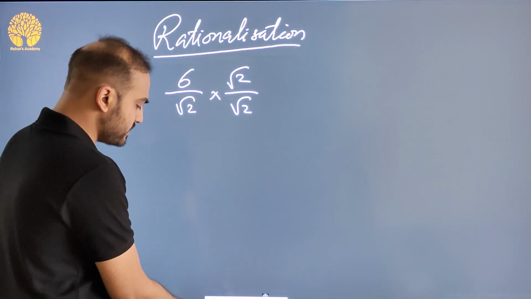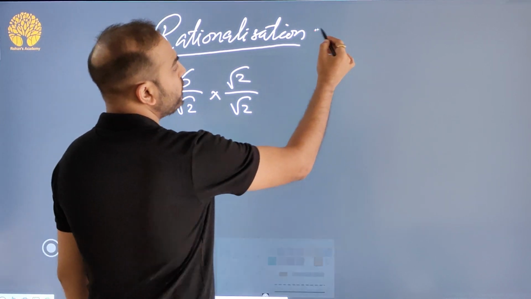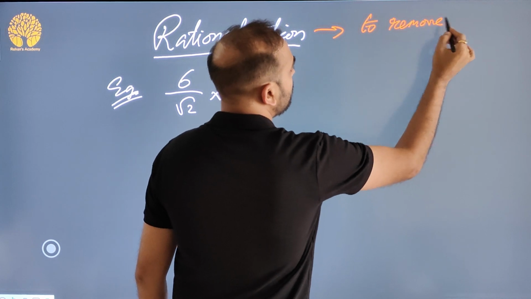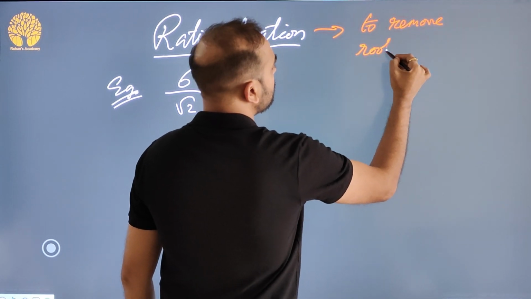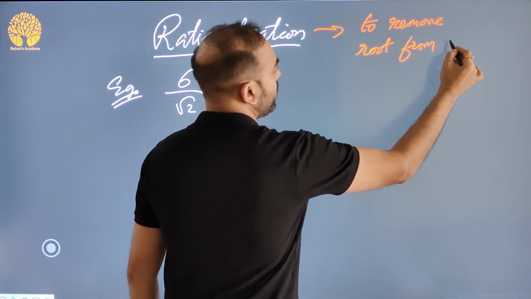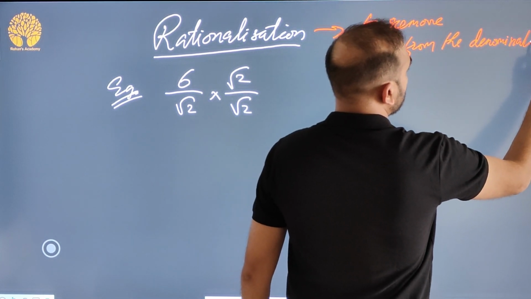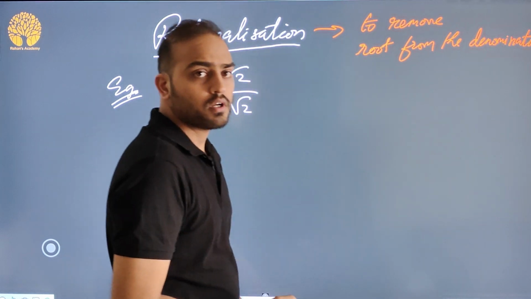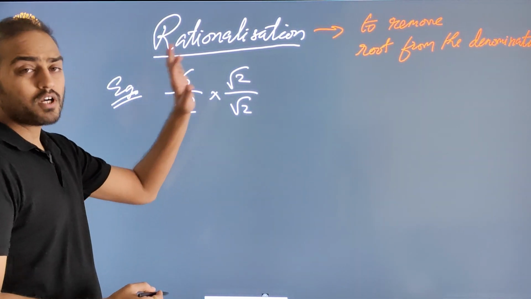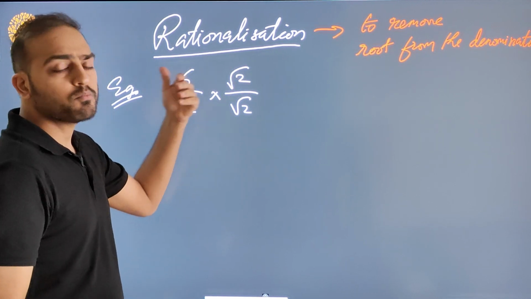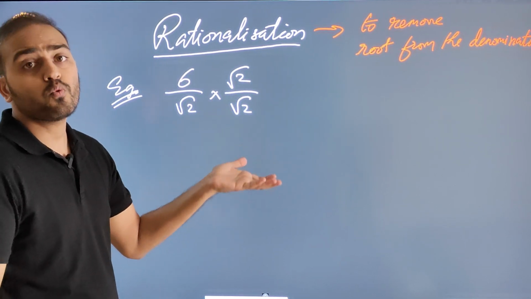See, the goal of rationalization is to remove the root from the denominator. So any operation that will not change my answer, but helps me remove the root from the denominator works.